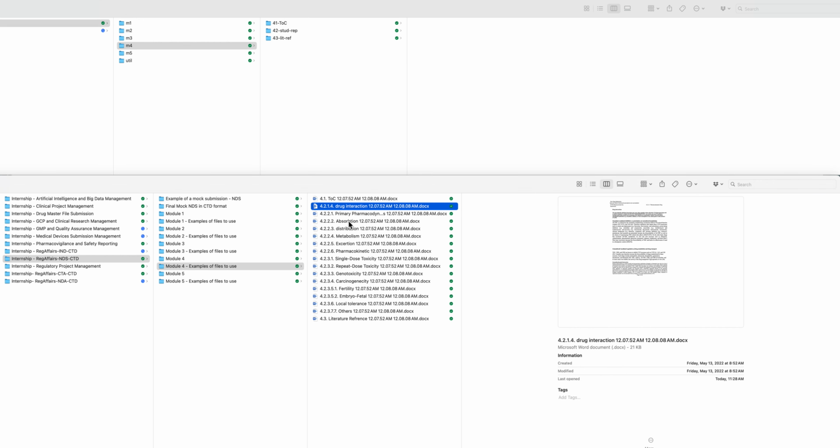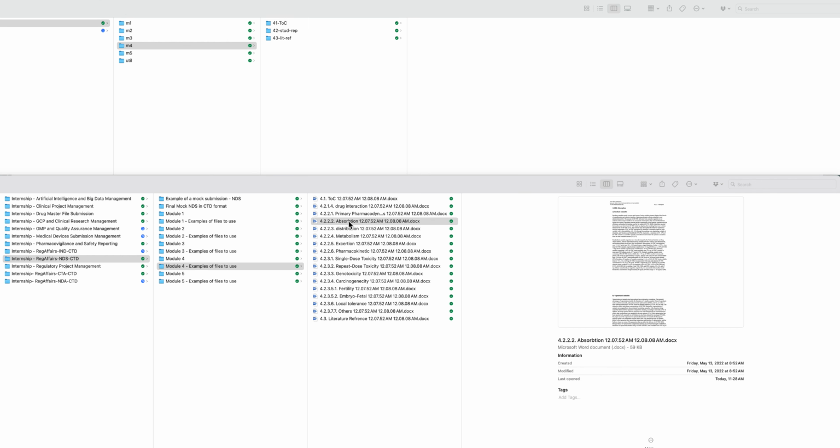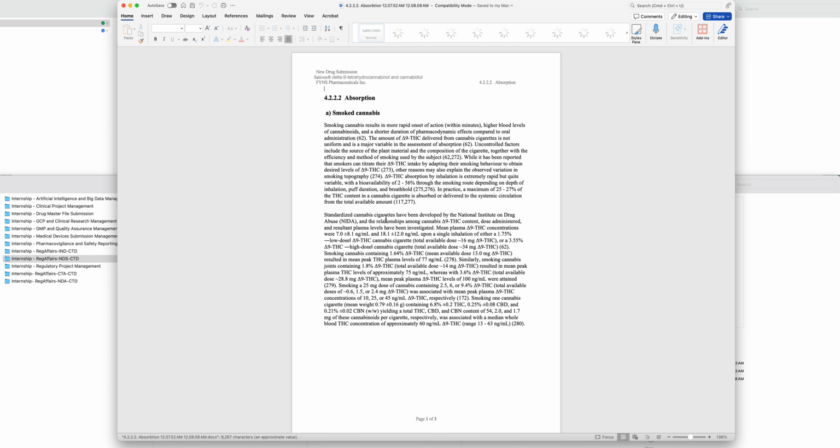Then I can talk about the absorption. So this is information about the absorption of the drug. Don't forget that, as you see here, the number of literature references can be up to 277 articles, sometimes more.